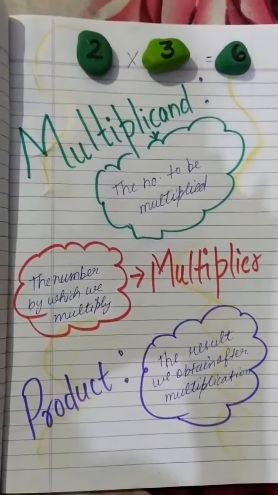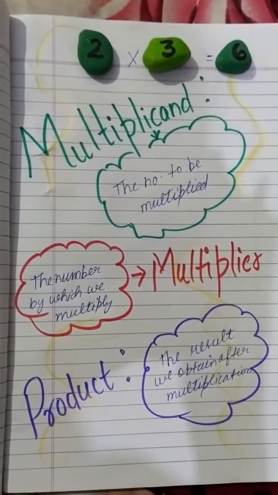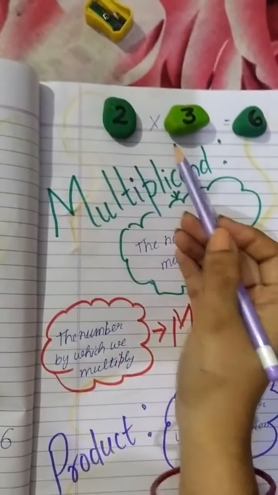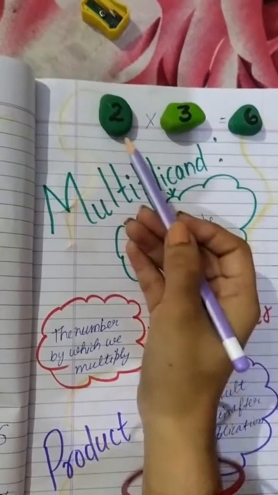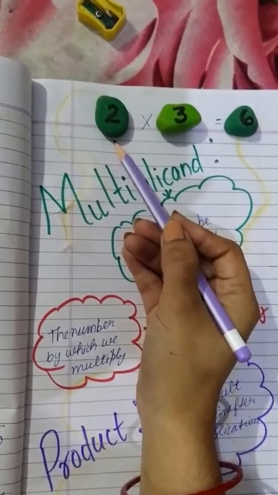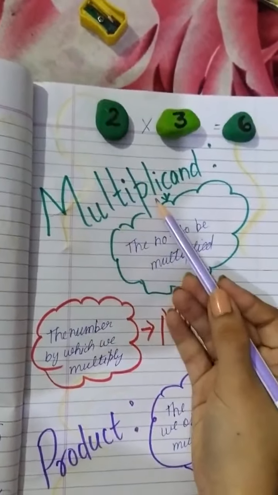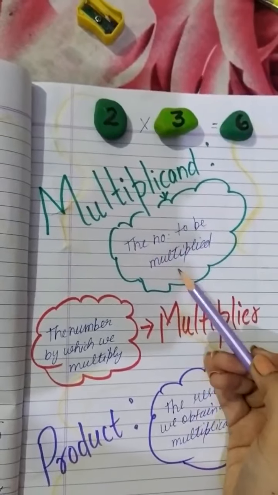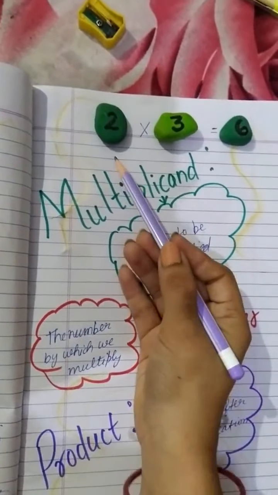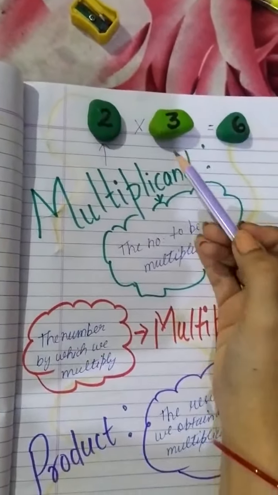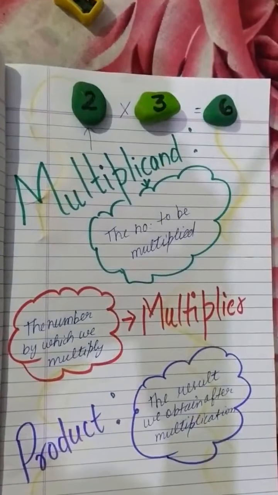Now let us revise what is multiplicand, multiplier and product. Let us take an example. 2 multiply 3 equals 6. This number is called multiplicand, the number to be multiplied. So what is multiplicand? The number to be multiplied. Here 2 is called the multiplicand. Next, multiplier.